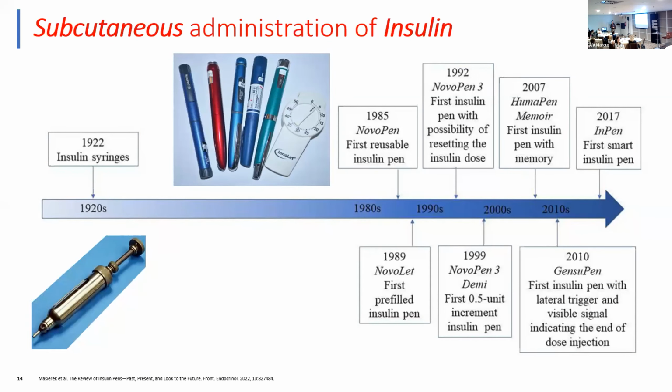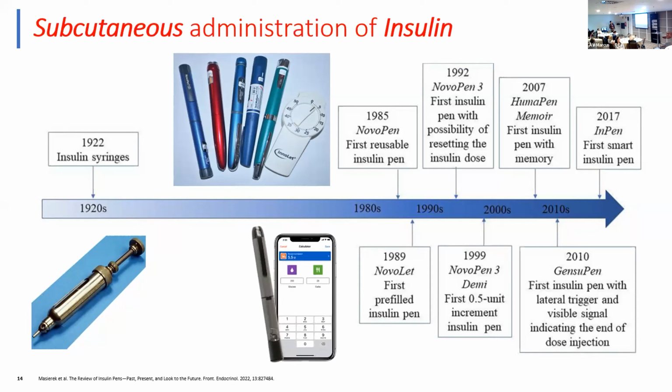So just here very quickly, in 1985, we had the first reusable pen. Then in 1999, we had the first pre-filled pen with insulin. 1992, we could start resetting the insulin dose. 1999, you could start incrementing the dose that was going to be administered with 0.5 units.